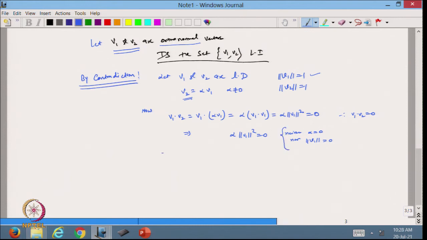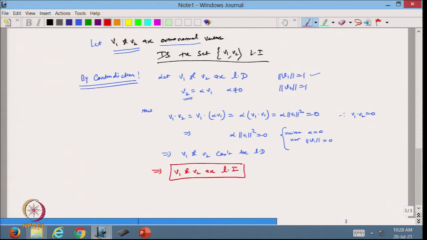So, from here I can say that v1 and v2 cannot be linearly dependent. So, from here we can say that the vectors v1 and v2 are linearly independent.